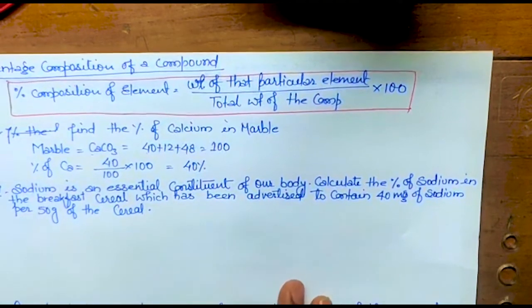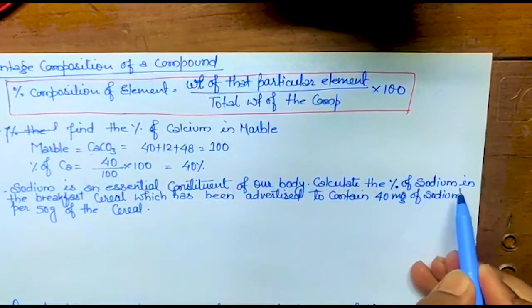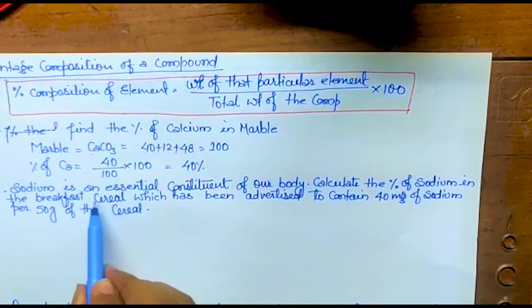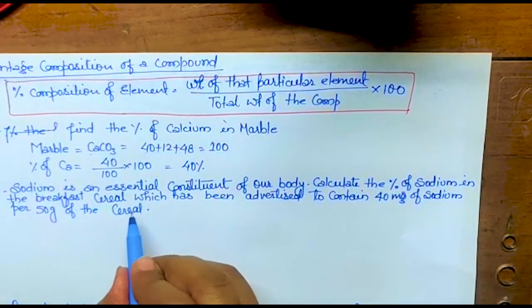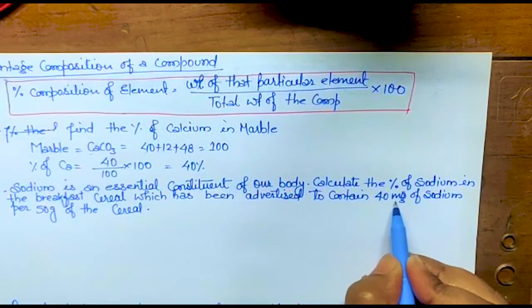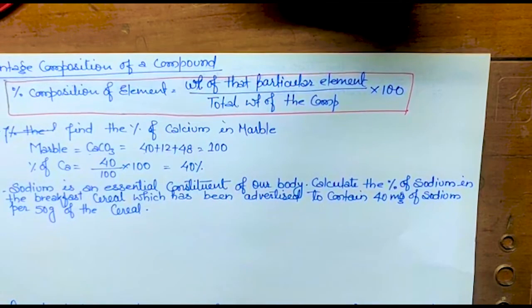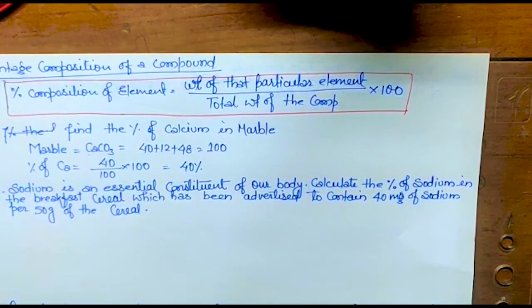Got the question? This is the introductory line. Calculate the percentage of sodium in the breakfast cereal, which has been advertised to contain 40 milligram of sodium per 50 gram of cereal. That means in every 50 gram of cereal there are 40 milligram of sodium.